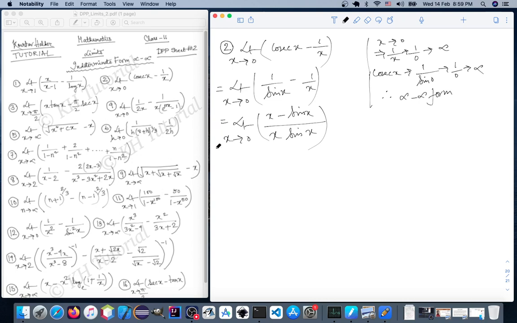So let's do this. I want to get rid of the sin x from the denominator. So what I will do is adjust the x. So sin x by x as x tends to 0 will become 1, and we will get in the denominator x square.